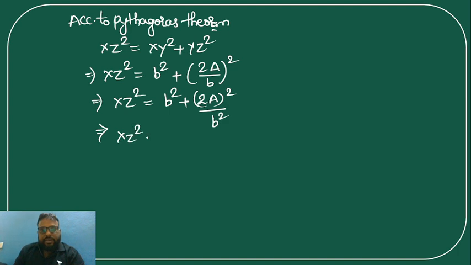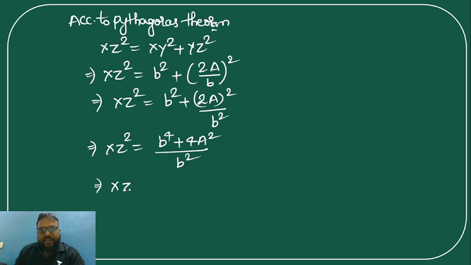So xz square is equal to, when I take the LCM and simplify this, what will I get? Xz square is equal to b to the power of 4 plus 4a square by b square.